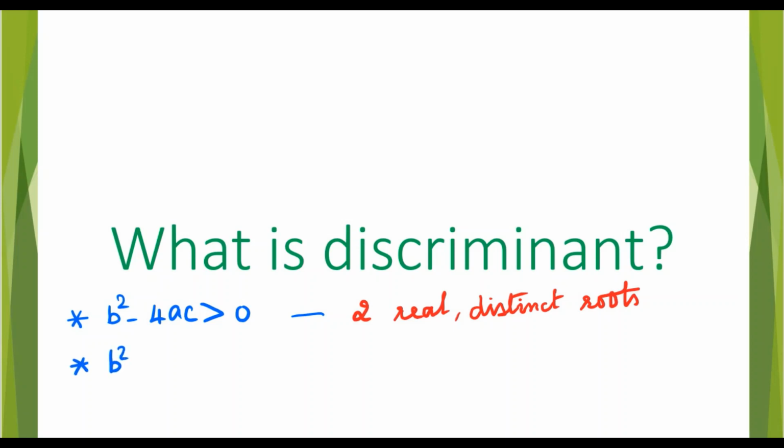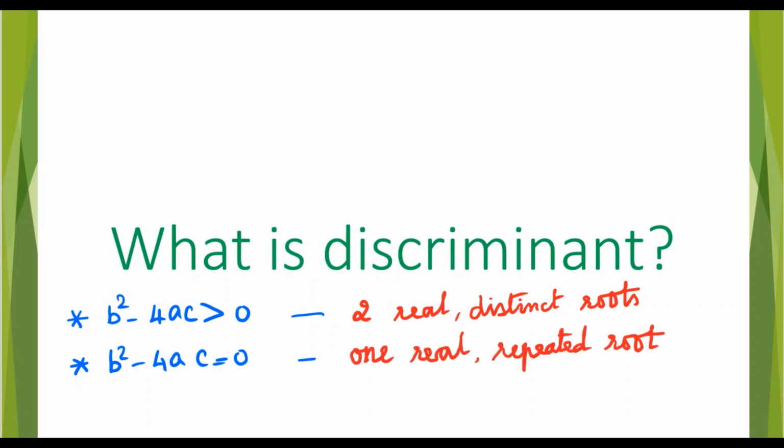Next, b square minus 4ac is 0. So in this case, the quadratic touches the x-axis once, so there is only one real repeated root. And the third case is b square minus 4ac is less than 0.